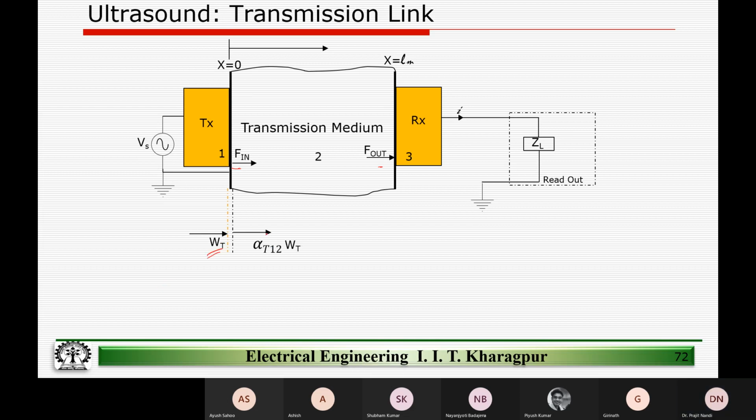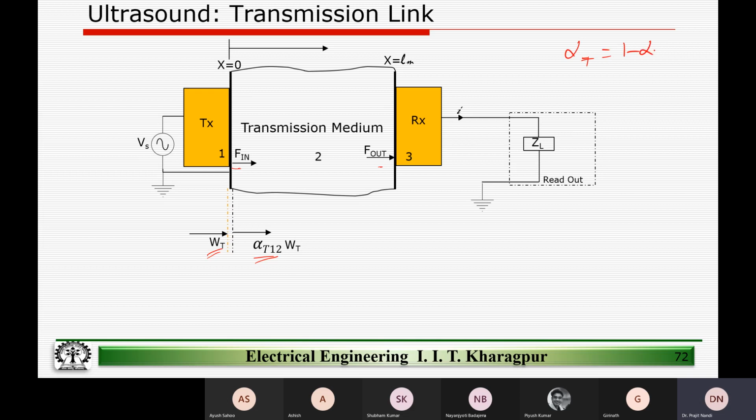This is the power incident from the crystal on this medium. Based on the wave equations we have studied, we know there will be a transmission coefficient when the sound wave goes from medium 1 to medium 2, and let's say I denote that coefficient as alpha t. We have talked about alpha t earlier.